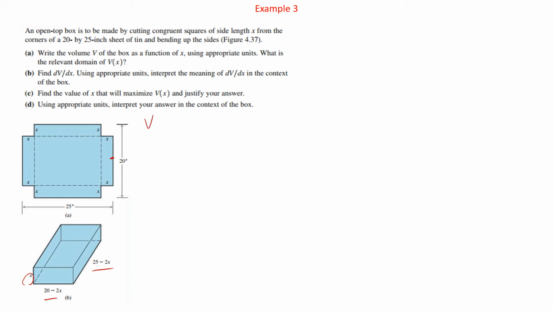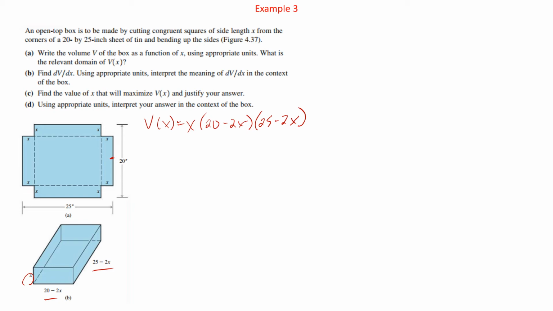So, v of x is, well, we have our sides. We have x times 20 minus 2x times 25 minus 2x. That's v of x.